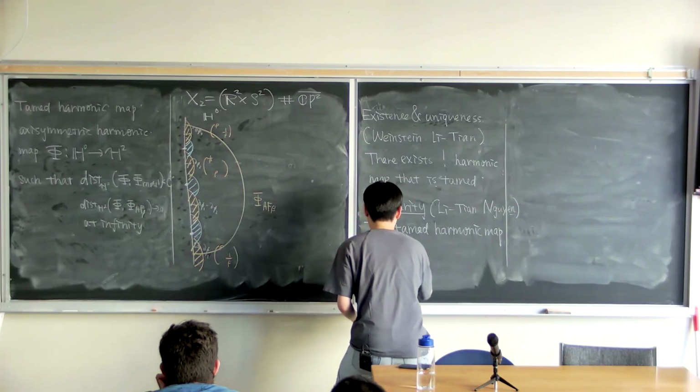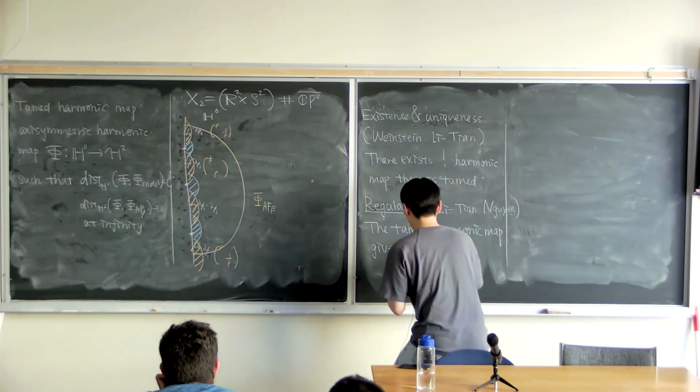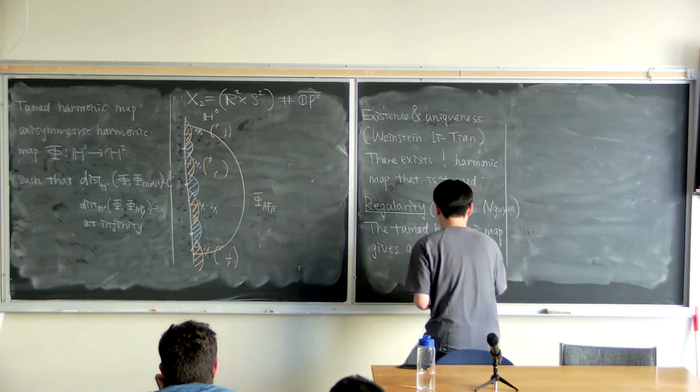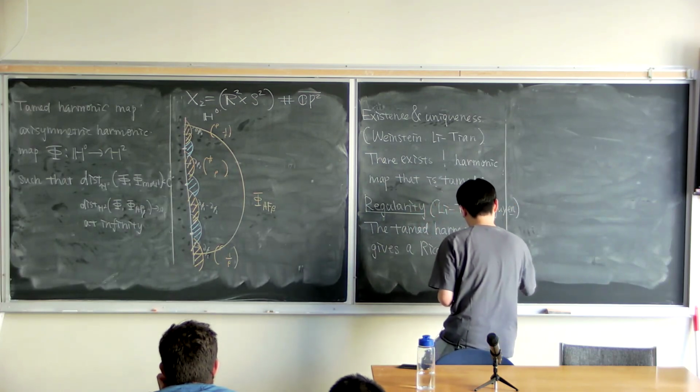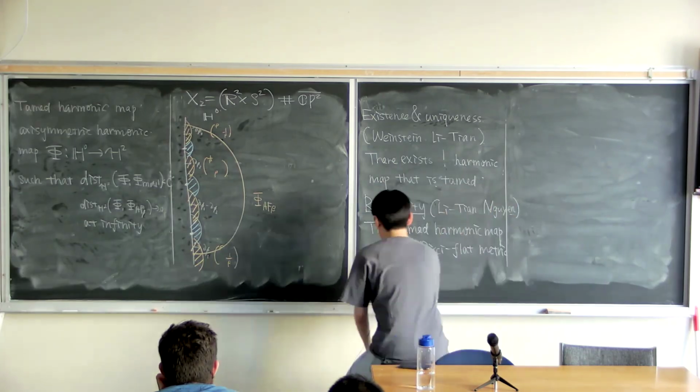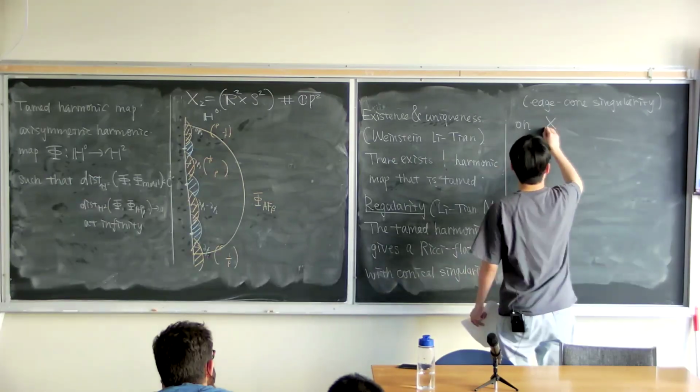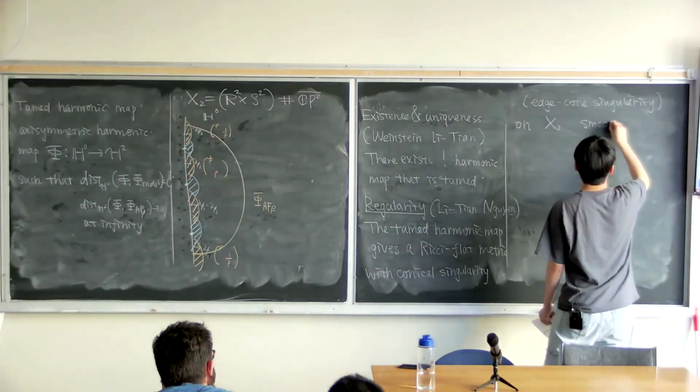It gives a Ricci-flat metric with conical singularity on X2, but the metric is smooth at infinity.